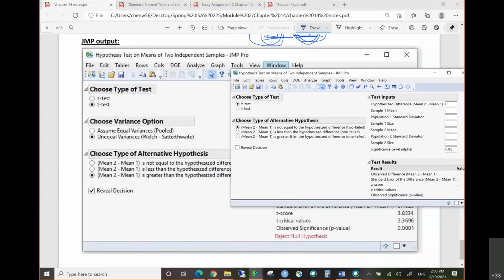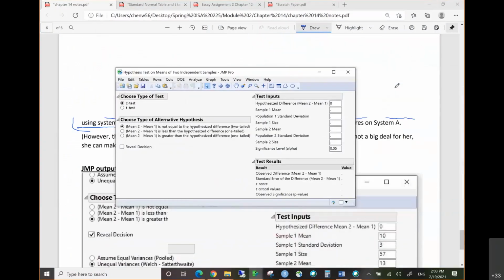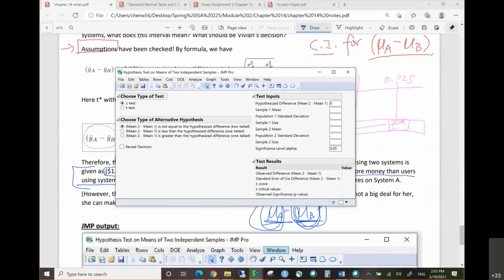We will have this screen again, very similar to the previous ones. Here you still need to choose the type of your test. If both population standard deviations are given, then you have the z-test.